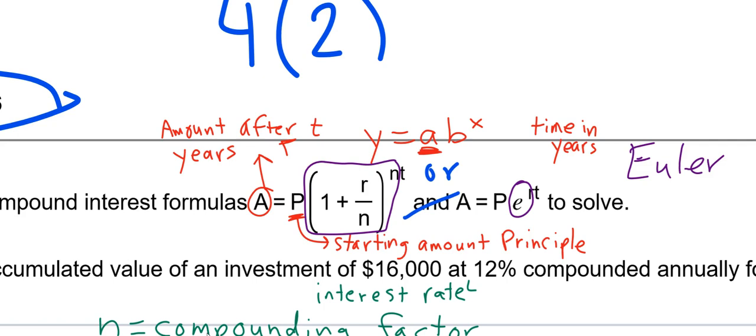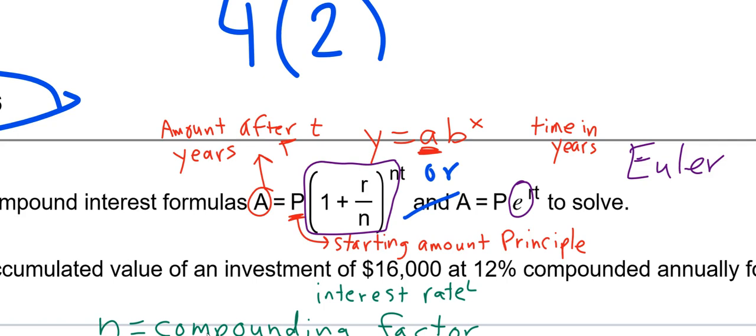And he said, well, what's going to happen if we increase that compounding factor? Okay, super nerdy guy, so he's throwing in all these numbers, right? If you just do it for a compounding factor of 1, you get $2. Well then when he started to raise the compounding factor, he found out that it was getting higher and higher and higher, but it was slowing down, which means it was reaching some maximum value as he kept going.